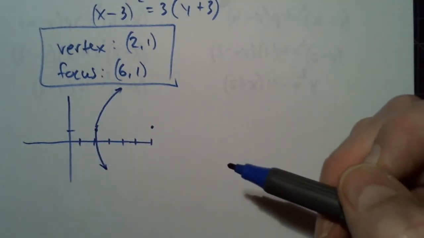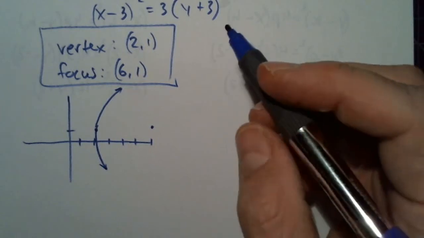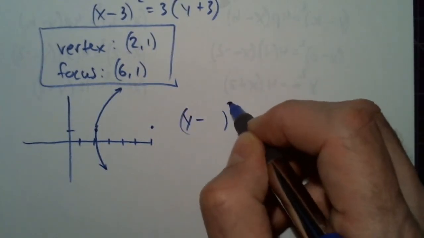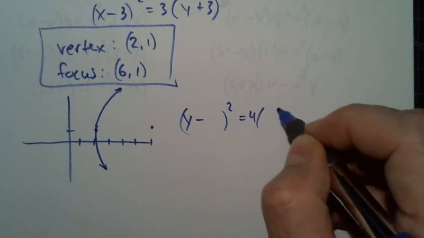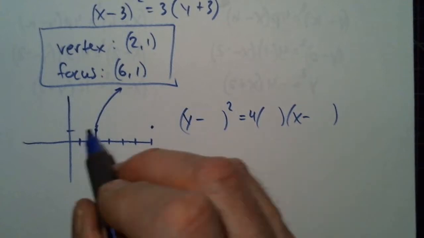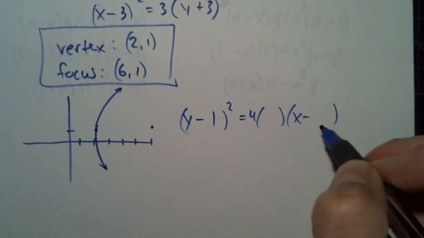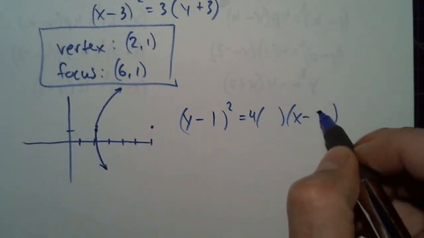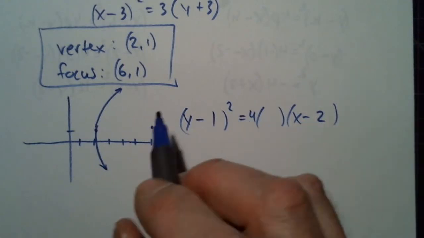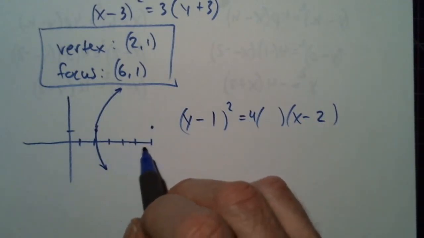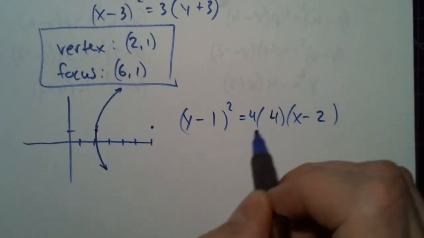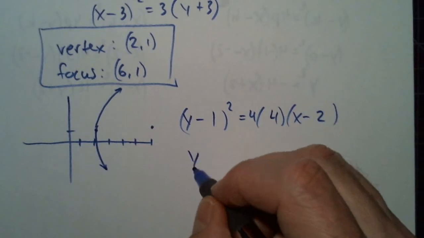We know it's opening horizontally, so that means we need a y squared, 4p x minus the horizontal shift. The vertical shift is 1, horizontal shift is 2, and the distance to the focus is 1, 2, 3, 4 with a positive direction, so it's positive 4.